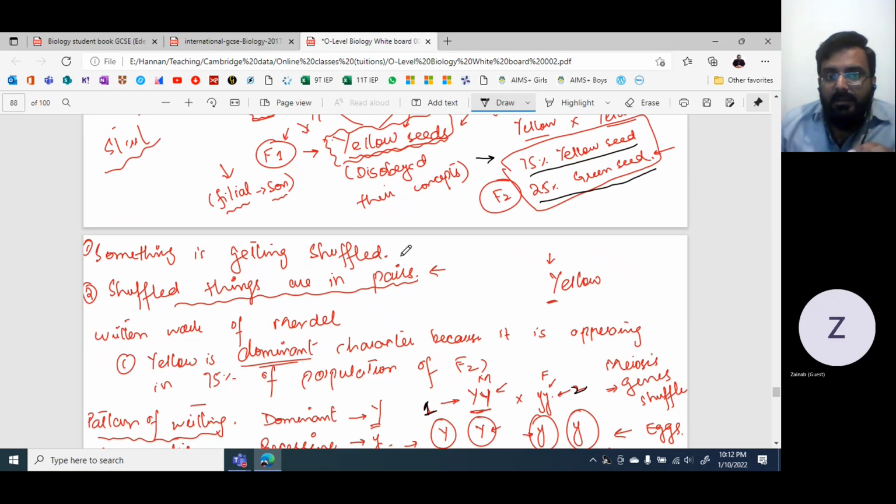But guess what? Mendel hypothesized that something is shuffling. The shuffling things is in pairs, and yellow is dominant, which is 100% correct. This is the most amazing thing that sometimes shakes me, how intelligent he was. He just hypothesized that something is happening here, something is shuffling, and this is in pairs.